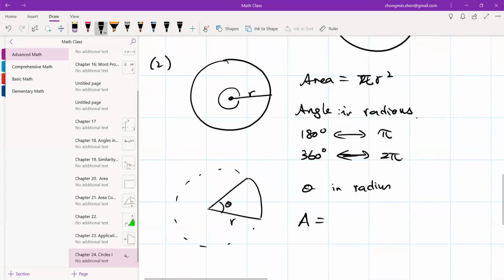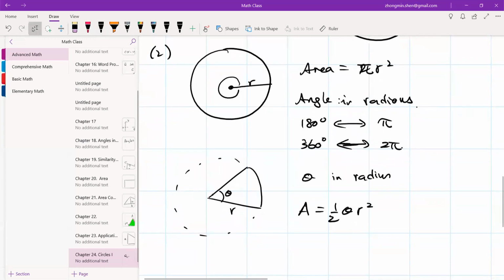It should be proportional to theta, and also proportional to r squared. But if you use just theta, when theta equals 2 pi you get 2 pi r squared for the complete circle. So you have to divide by 2. That matches the special case: when theta equals 2 pi, you get 2 pi divided by 2, which is pi r squared, the area of the whole circle.